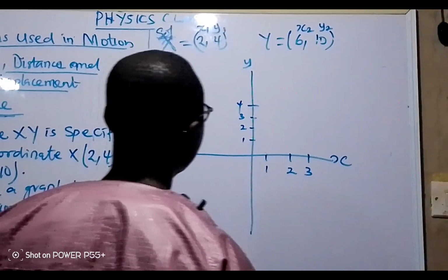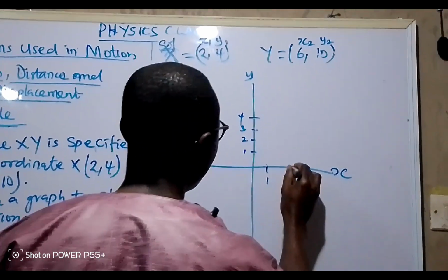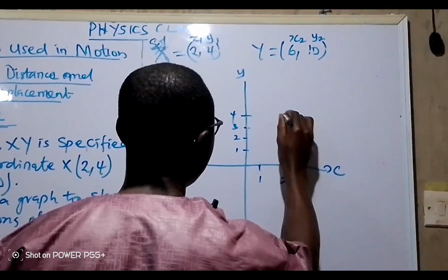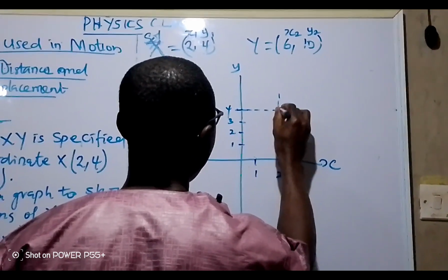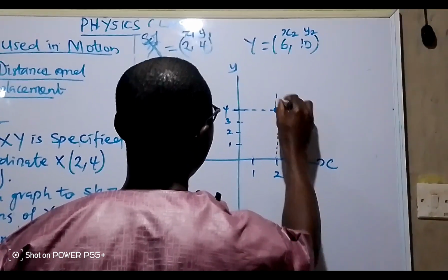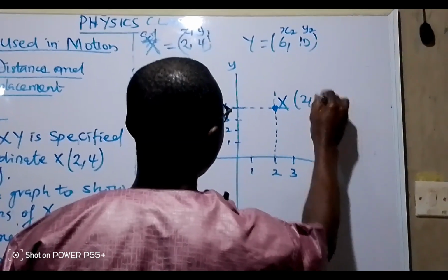Now to locate this one, 2, trace it up, 4, trace it. Where the two lines intersect is the position of X, (2, 4).